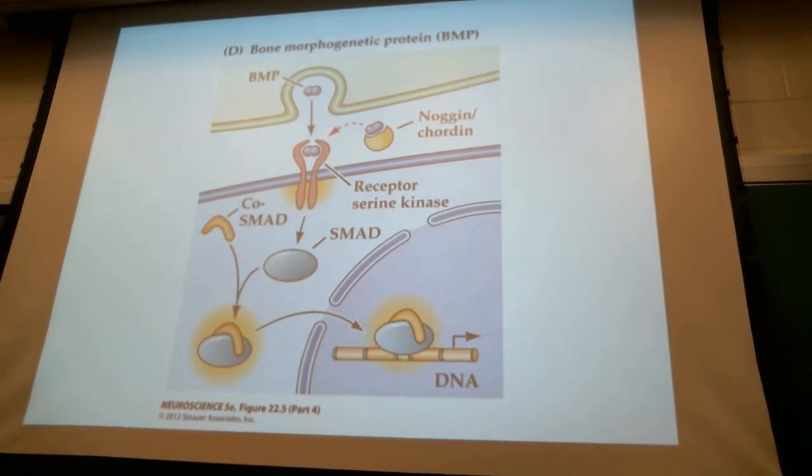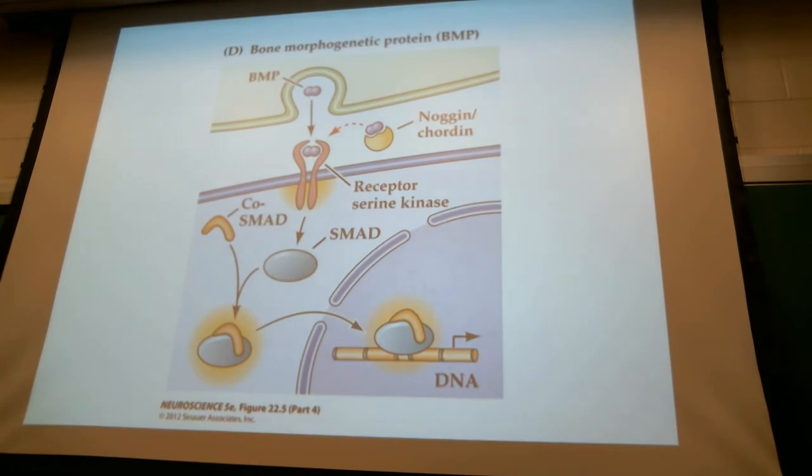BMP has a receptor, and it binds to the receptor, and then that signal will be sent inside the cell, and this protein called SMAD gets together with another protein called co-SMAD, and then they go to the nucleus, bind DNA, and turn on the gene. So, as you can see, there's another protein binding BMP called noggin.